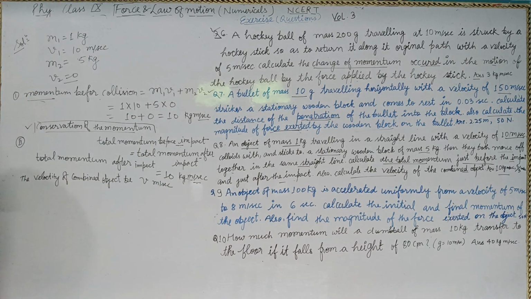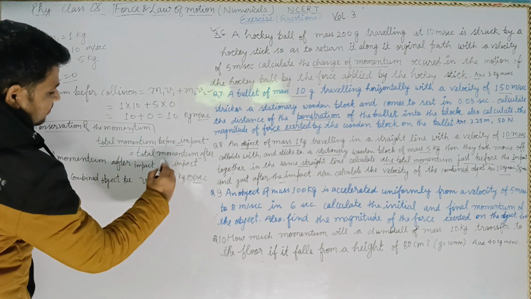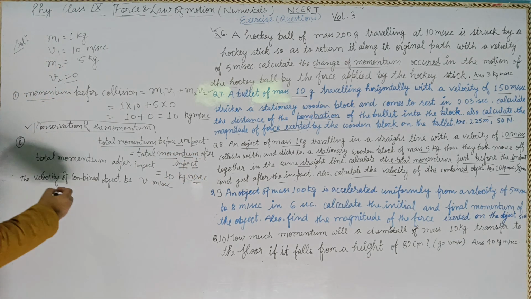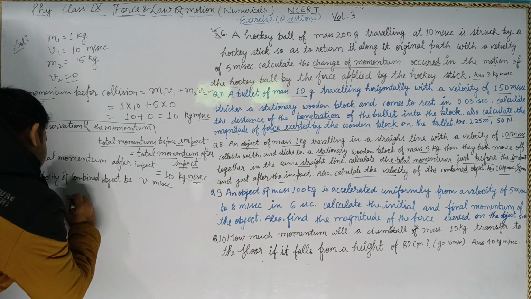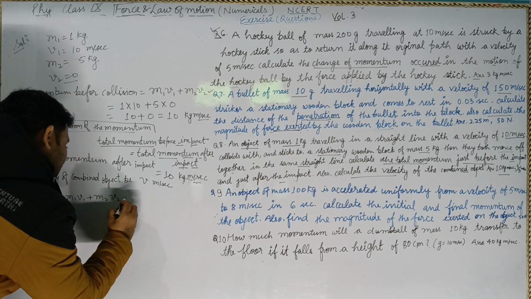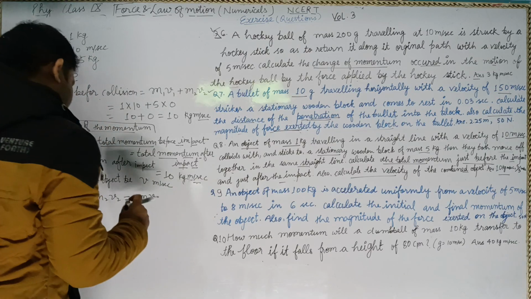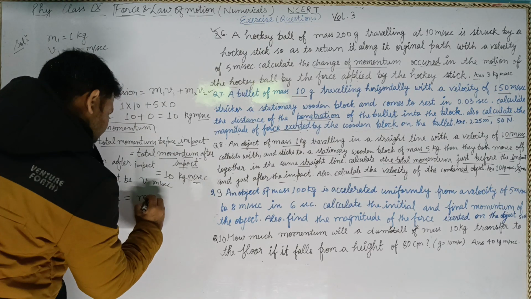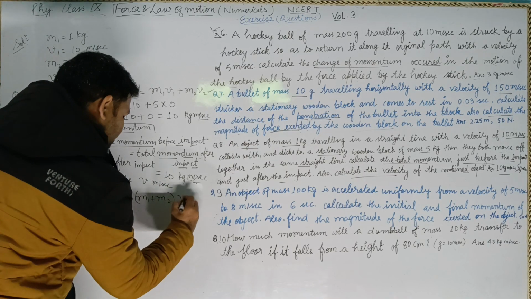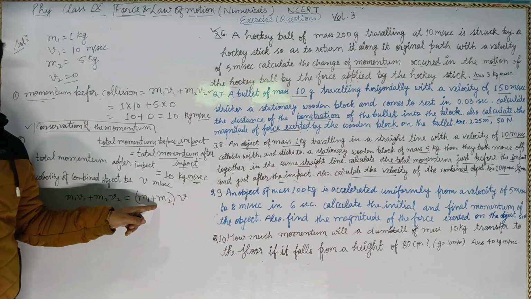We solve this. In this, we put the values: m1 v1 plus m2 v2 is equal to m1 plus m2 into v, because we consider the combined velocity of the object is v.